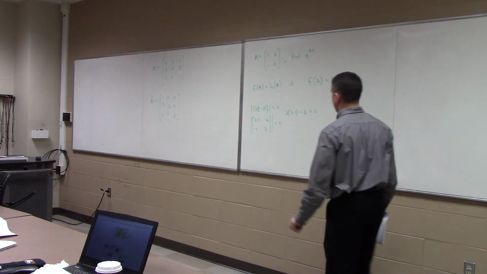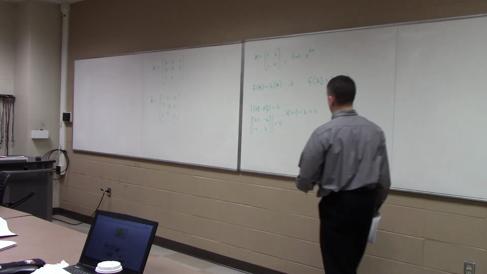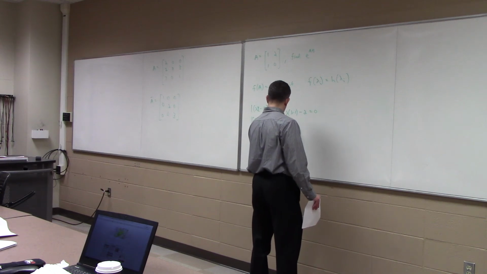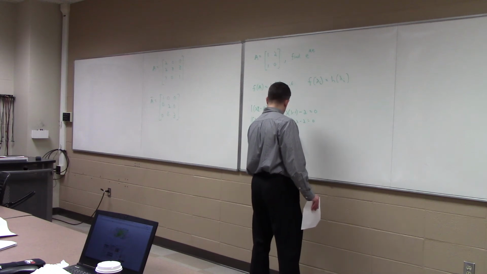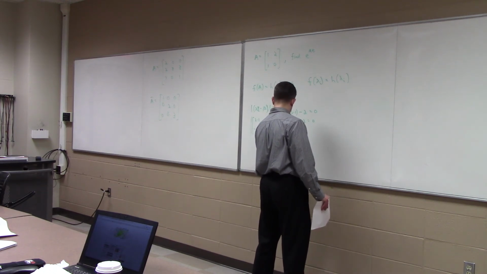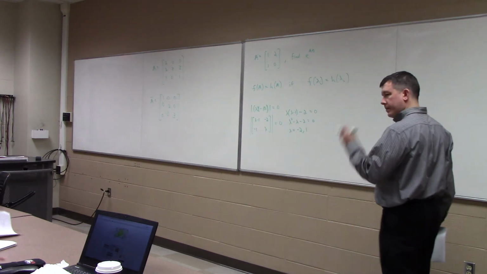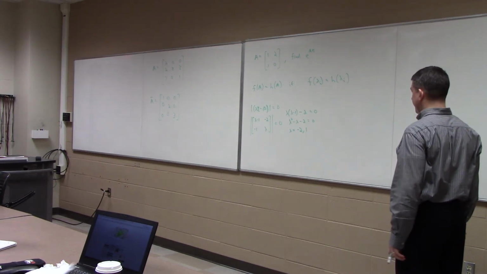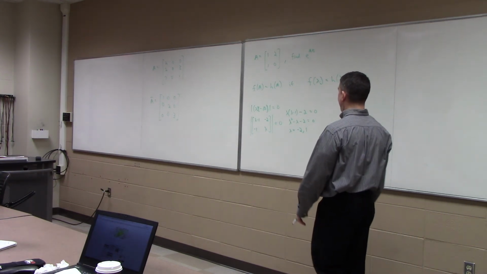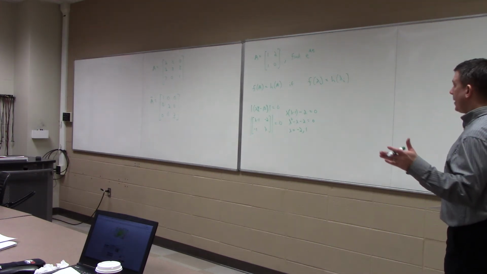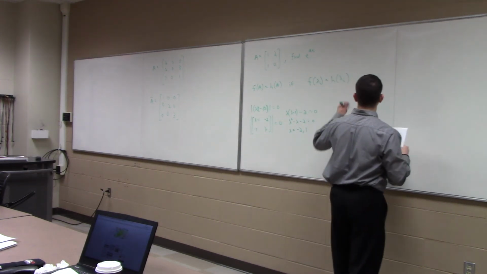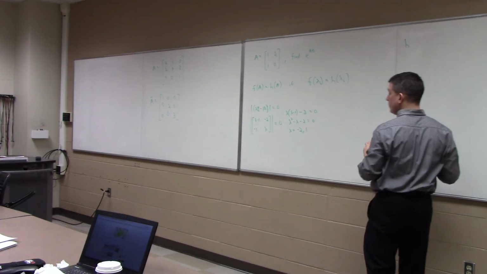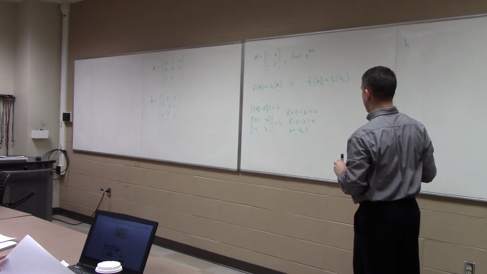If I take the determinant, I get something like that. Eigenvalues are 2 and -1. So I don't have any repeated eigenvalues, I don't have to worry about any derivatives. All I have to do is find a polynomial. 2 and -1.